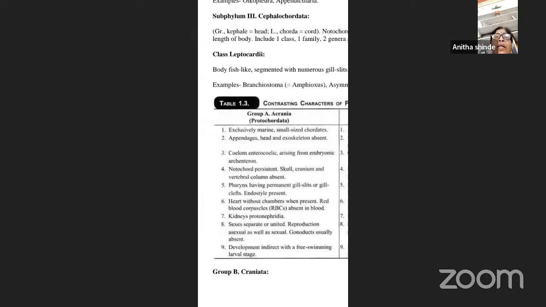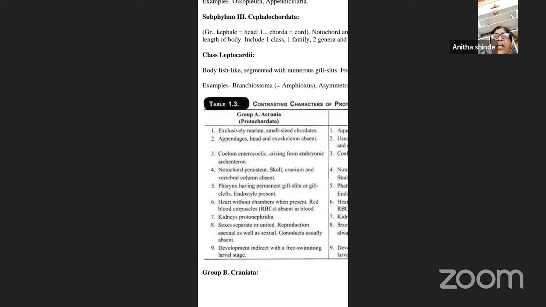Now the coelom is enterocoelic in case of protochordates, whereas the coelom is schizocoelic in case of the chordates. Whereas in case of craniates, the notochord is persistent.